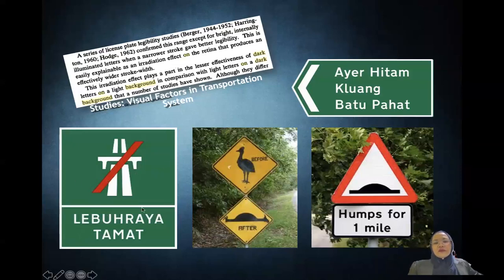This will provide a better view for all drivers. For roads which are closer, like internal roads, it's different. They normally use darker text on a lighter background, as compared to the highway, which requires drivers to see from a distance.